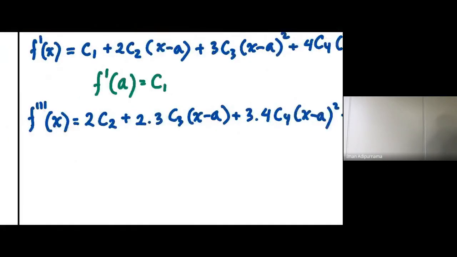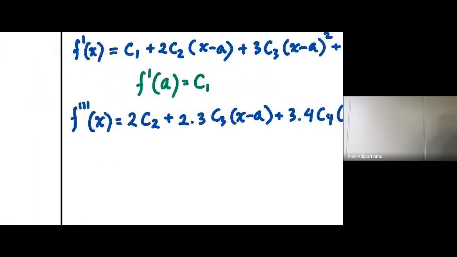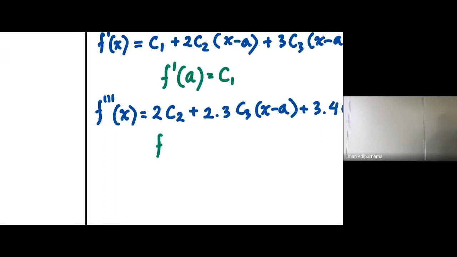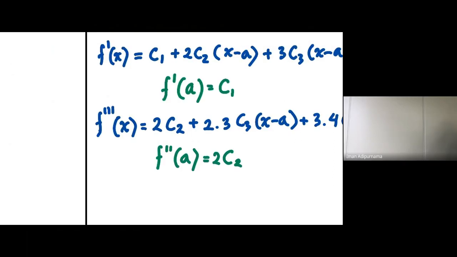So now you have this kind of pattern. And same thing, we evaluate at x equal to a, and we get this 2C2. Oh, wait. This should be the second derivative, sorry.